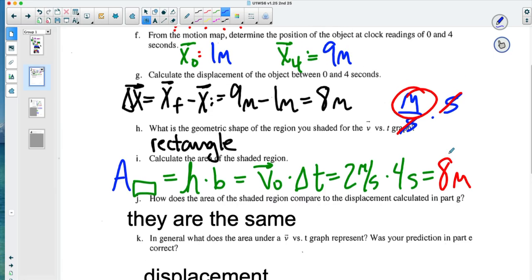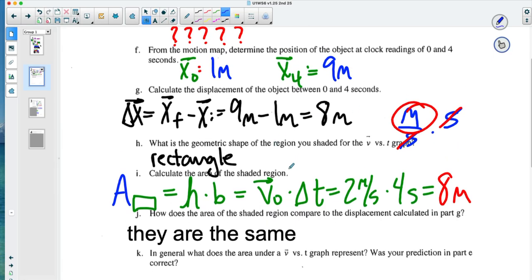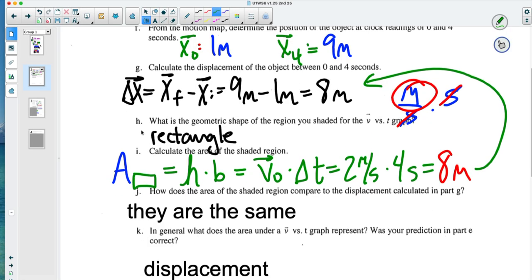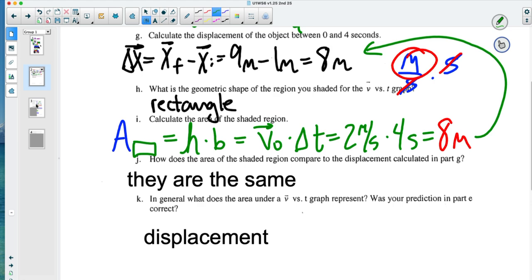We recognized that the answers to letter I and letter G are the same. In other words, this 8 meters was equal to this 8 meters here. So we decided that the area under the shaded region of the velocity versus time graph represents the displacement.